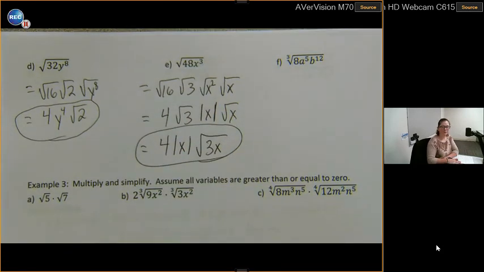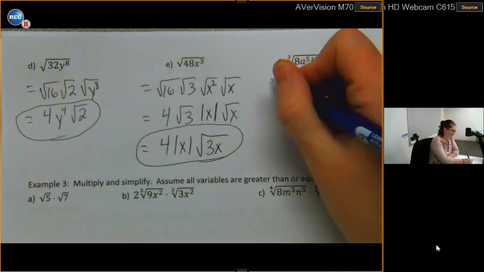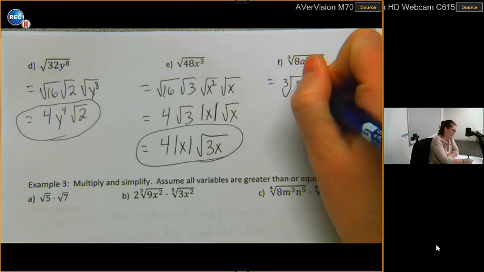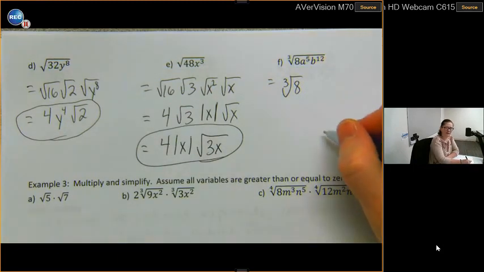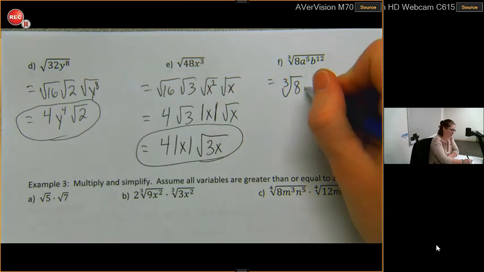So let's do another one where the exponent will not divide evenly by the index. So letter F, we have the cube root of 8, which is perfect. All right, 5 does not divide by 3, so we need to split up these a's.